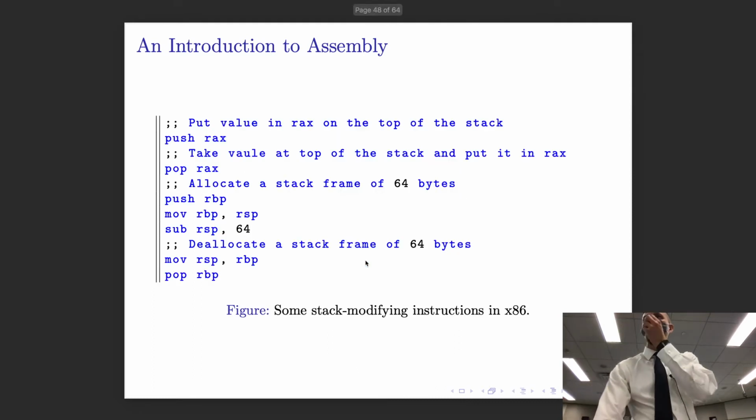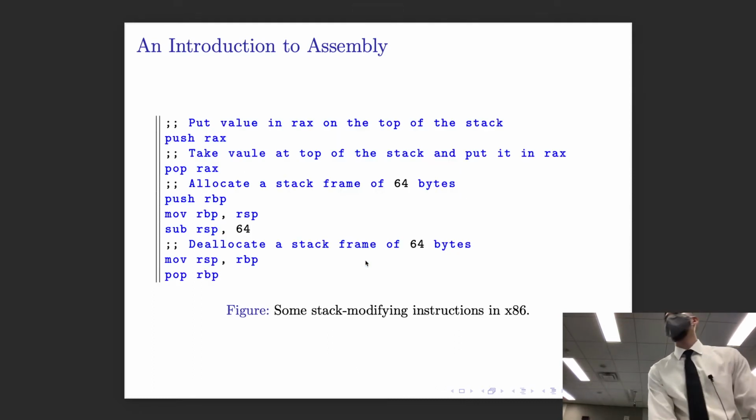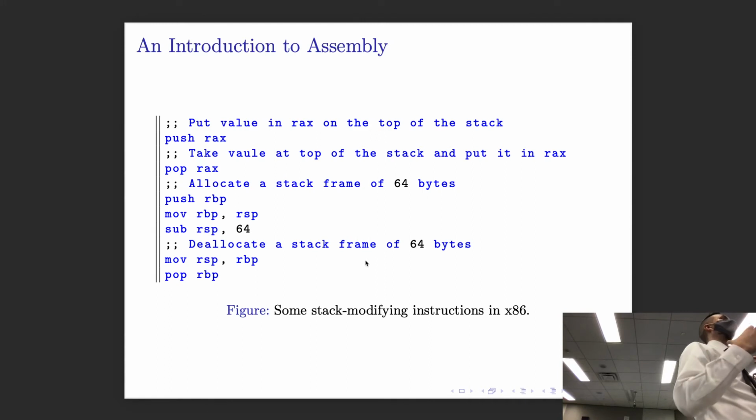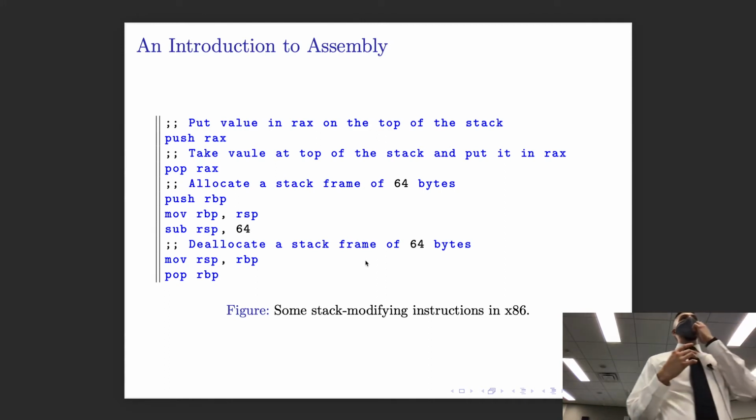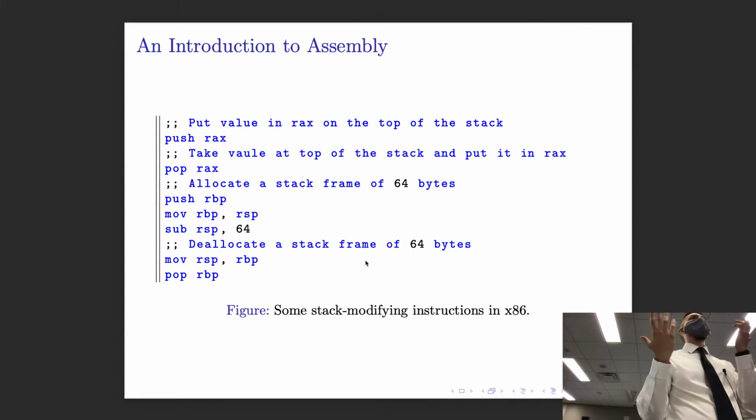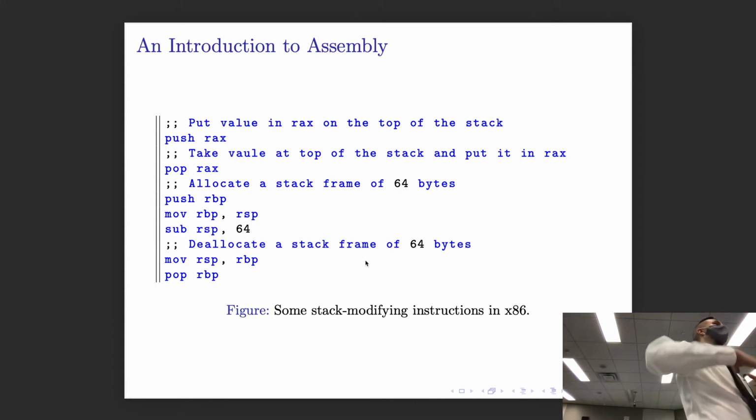All right, some instructions that operate with the stack. You can use the x86 stack as a stack data structure. There's a push instruction and a pop instruction, which does exactly what I just explained on the whiteboard. You can push a value onto the stack, and then you can pop it back into a register. The size of the value you're putting on the stack is tied to the size of the register. So push RAX pushes a 64-bit value onto the stack.